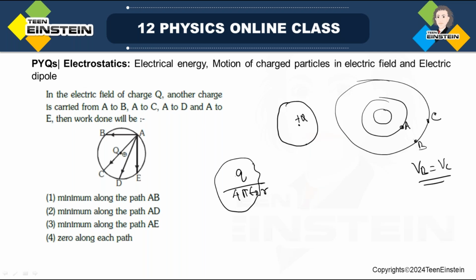See, this has only r dependence, and whatever point you take on the sphere, this r is the same for all the points on the sphere from the center, isn't it?